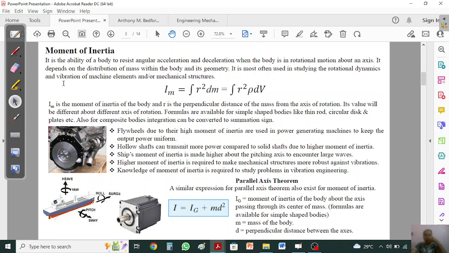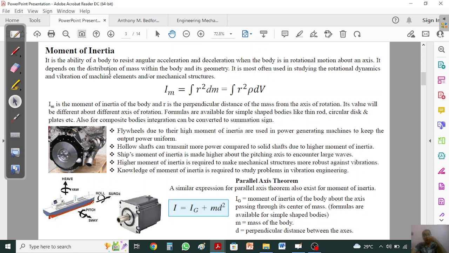When we are designing machine design components, we use the moment of inertia a lot.